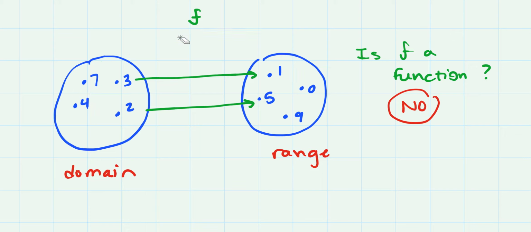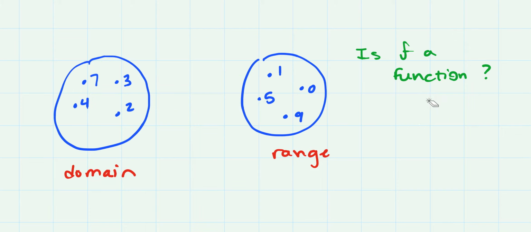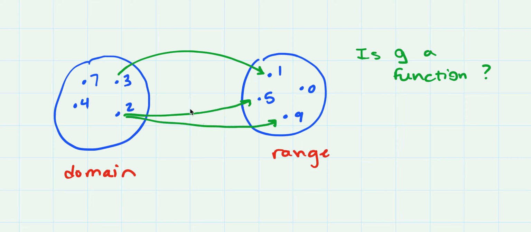Okay, let's try a different one. We can use other letters for functions too. This time I'm going to call my function g. Now this is just another name for my map, the map that I'm going to give you. So let's say 3 goes to 1, 2 goes to 5, 2 goes to 9, and 4 goes to 0.